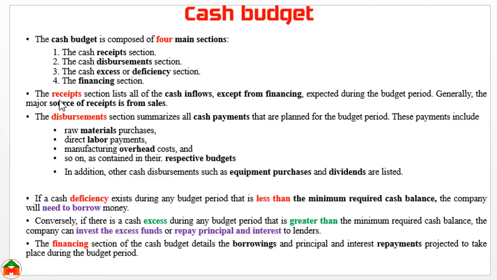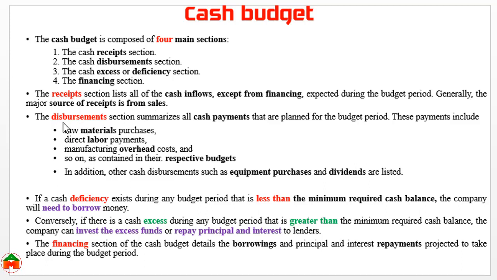In the receipts section of the cash budget, we show all cash inflows. That means we show the beginning balance as well as cash collection from the customers after selling the products or services.